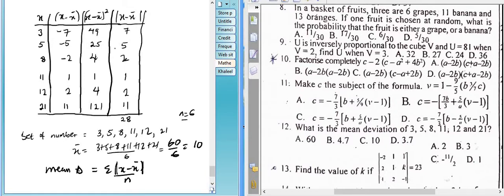So we can find x minus x bar, that's to draw the table. So we are having x as 3 5 8 11 12 21, and we know that our x bar is 10. Then 3 minus 10 is minus 7. 5 minus 10 is minus 5. Then 8 minus 10 is minus 2. Then 21 minus 10 is 11.